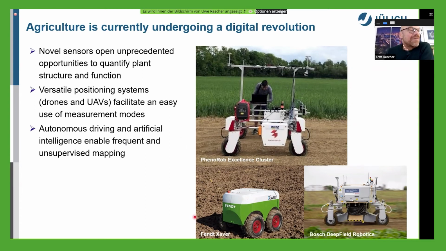There was a technical revolution of commercial robots which are now already available on the market, but also experimental platforms. This is a picture of our experimental platform, which we further developed in the Excellence Cluster PhenoRob, where we test new measurement modes, new navigation modes and sensor integration. But also on the robotics side, there has been quite a lot of technical development in the past years.